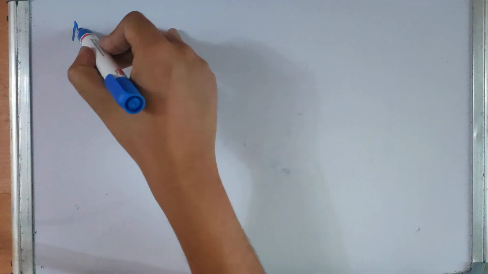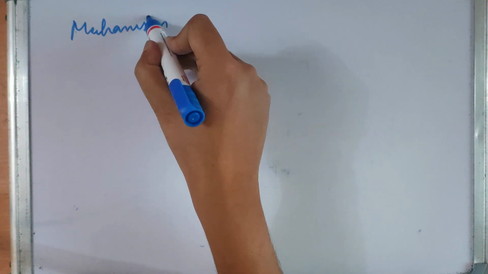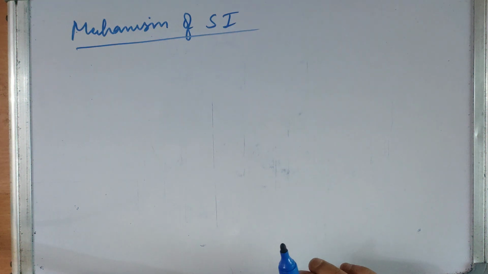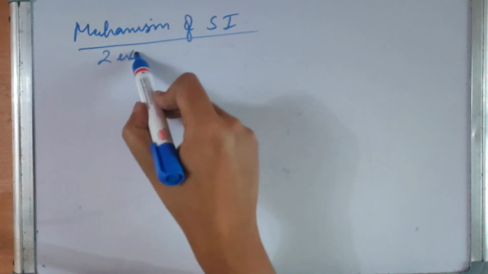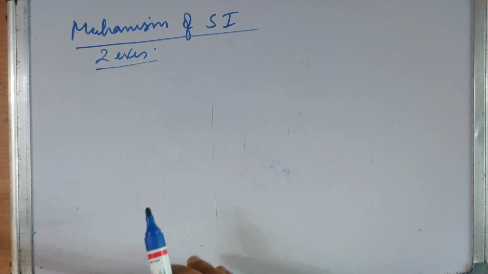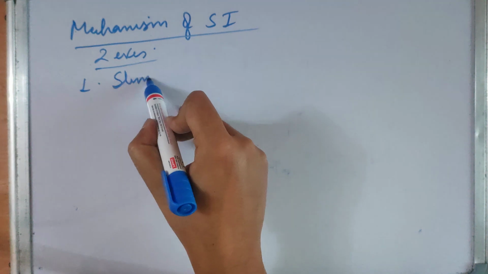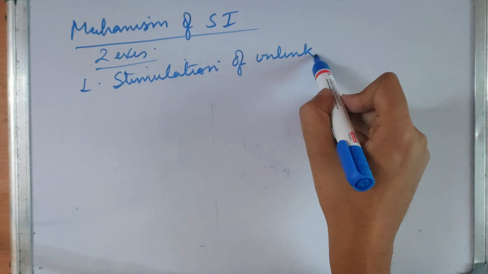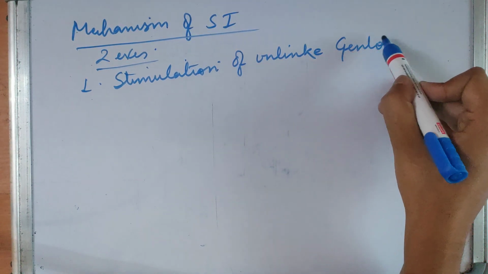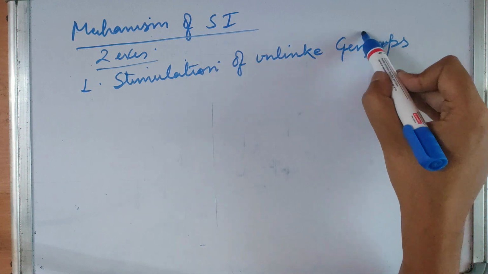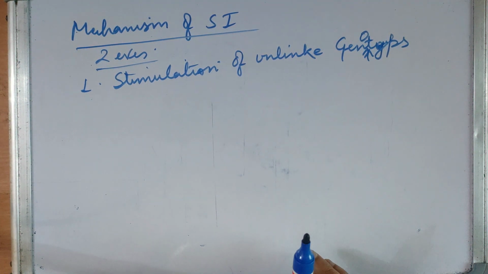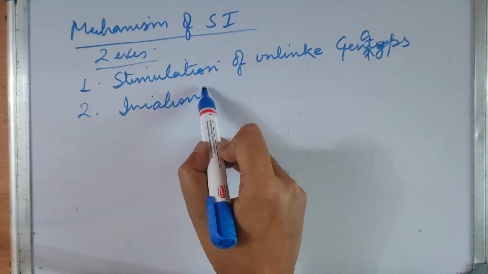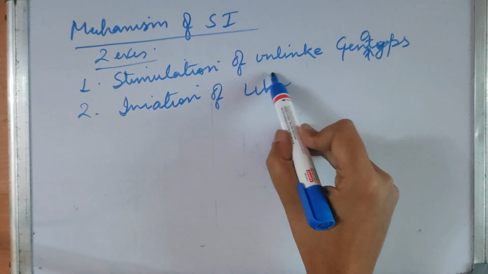Here two events are considered as the basis of self-incompatibility: stimulation of unlike genotypes and inhibition of like genotypes.